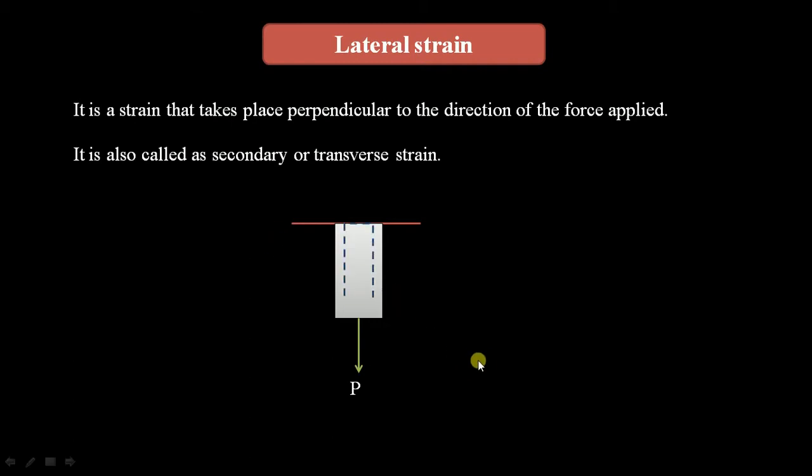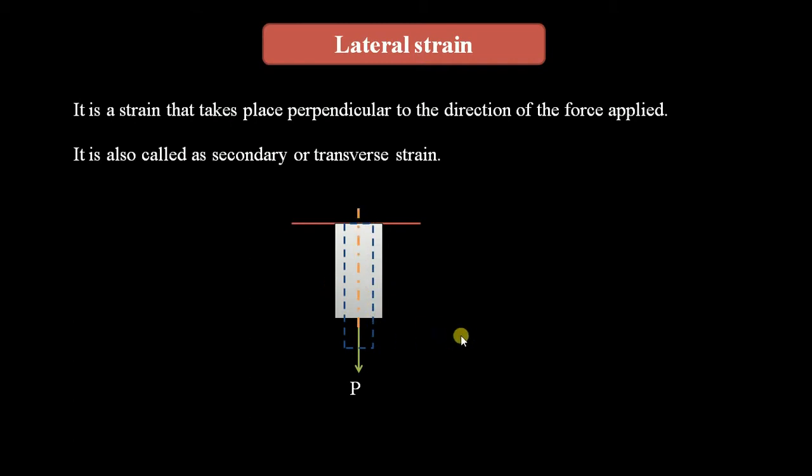There may be an increase in the length of the body. The length initially, before applying the force, will be less than the length of the body after application of the force. Due to the deformation, there will be a change in length, which is increased. But at the same time, the side faces decrease in dimension perpendicular to the direction of the force.